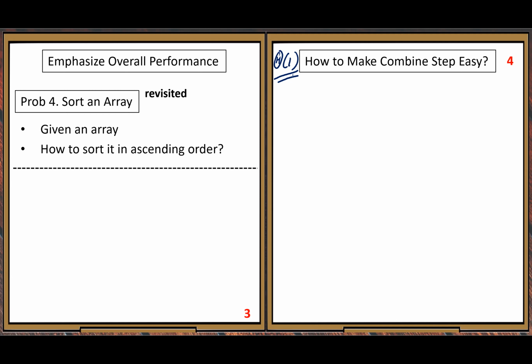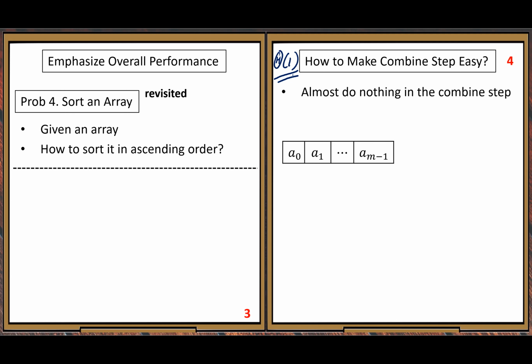How can that be possible? Let's look at the possibility of how to make that happen. Almost do nothing in the combine step. You have two sorted arrays, because after the conquer step, we can assume those two subarrays are sorted.